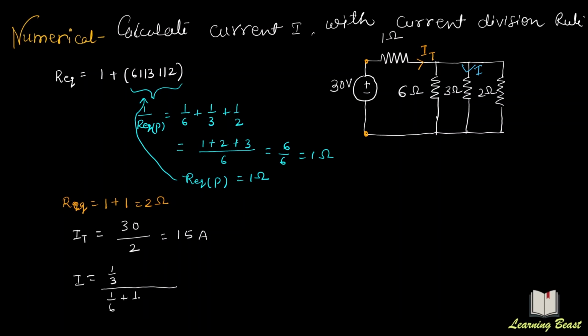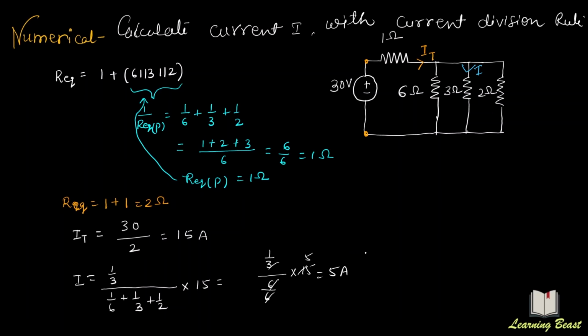So 1 by 6 plus 1 by 3 plus 1 by 2 into current, into 15. So this will be equal to 1 by 3 divided by, so LCM will be 6 and this will also be 6, into 15. So this will be cancelled out. So current will be equal to 5 ampere.